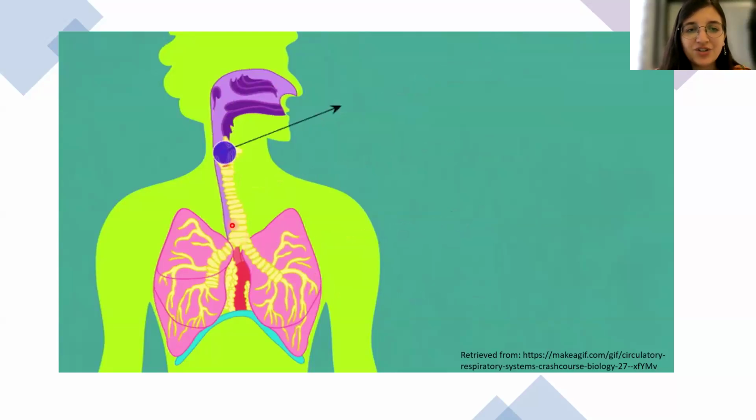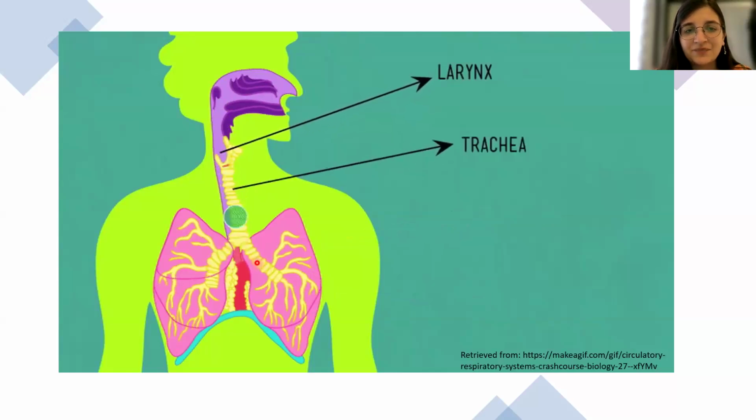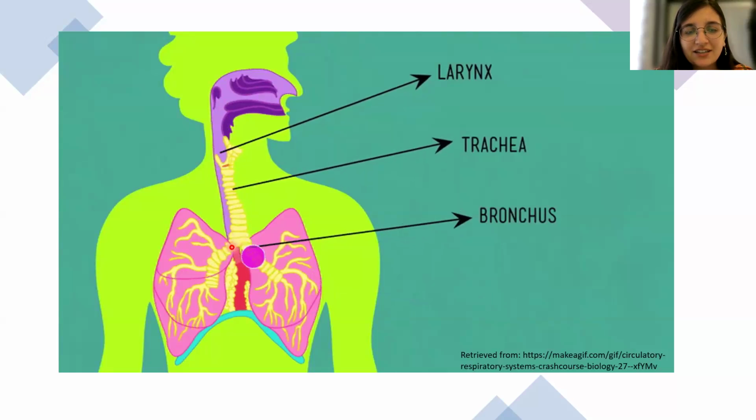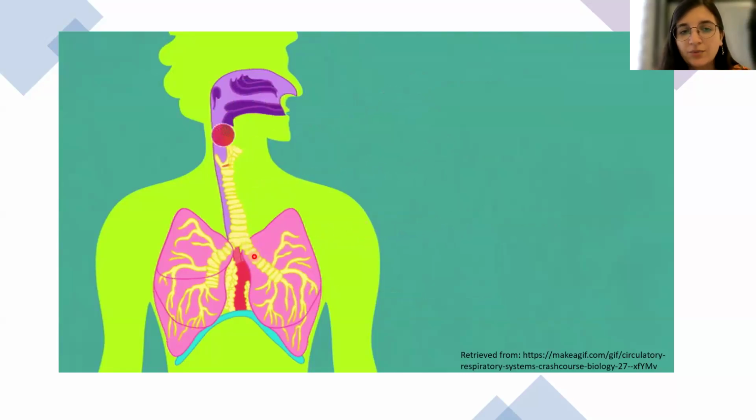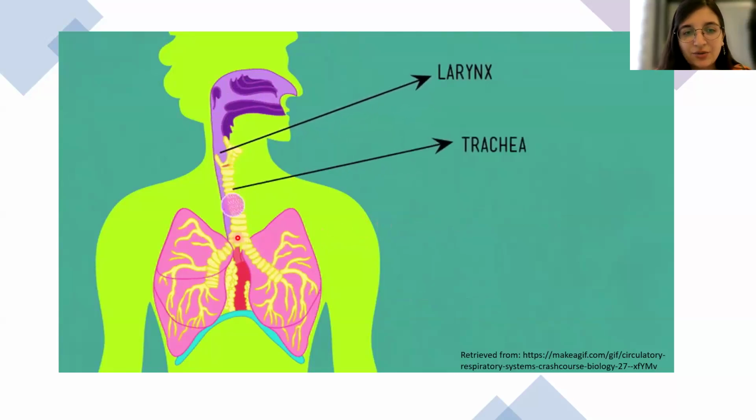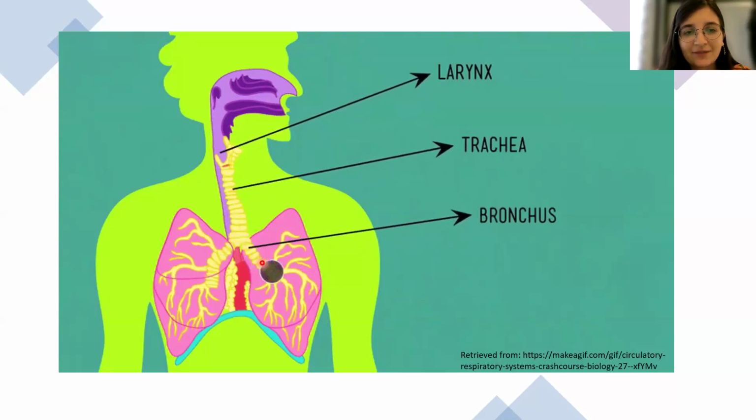Like how there's a tree, right? A tree has the bark, and then it has branches. The same way with the trachea, these bigger branches that divide into two, we call them bronchi. Together we call them bronchi, but one we call bronchus. So the trachea divides into bronchi.